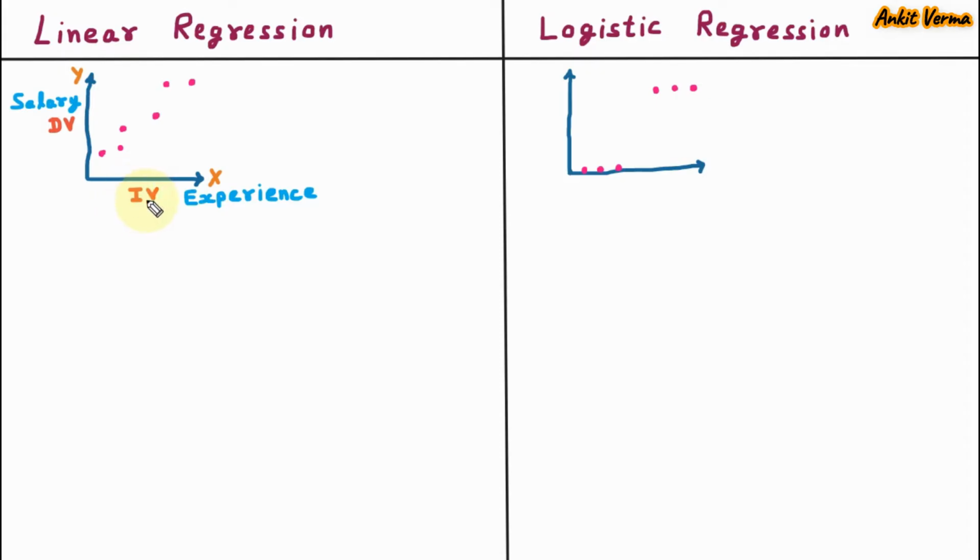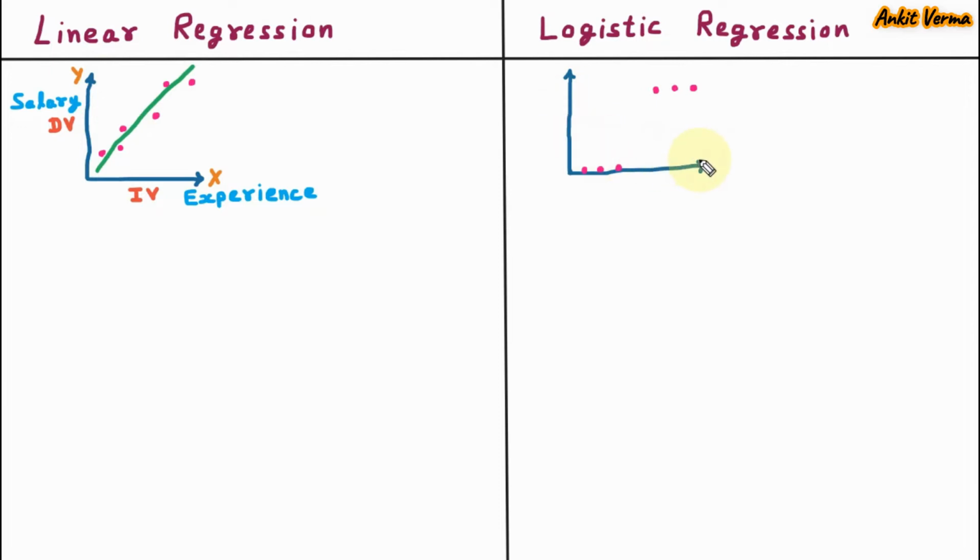Our experience is increasing, that is independent, but because of increasing experience our salary is also increasing. So salary depends upon experience. More experience, more salary. So there is a positive relation between salary and experience. This is an example of linear regression.